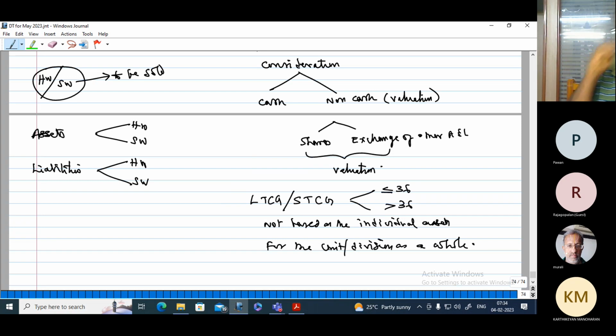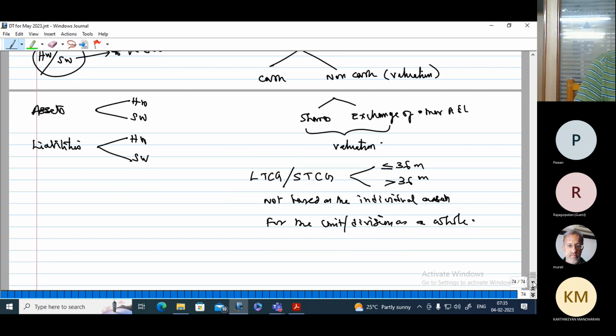Are you understanding? For the unit or division as a whole, you have to arrive at 36 months, because the rest of the assets will come under that category. There may be a variety of assets, and you cannot go individually and find out whether they are older than 36 months or less. So for the unit as a whole, you have to decide. If this unit was started 36 months back, even if I had added assets 1 month back, all this will come under long-term capital assets.